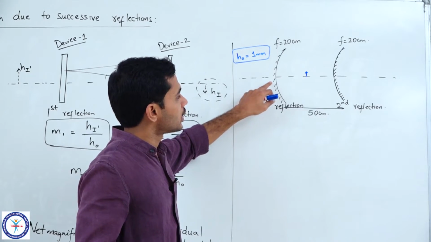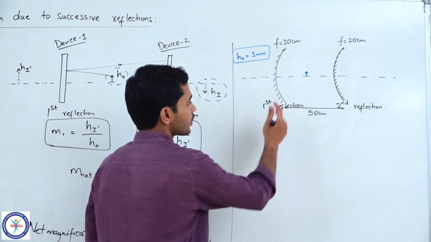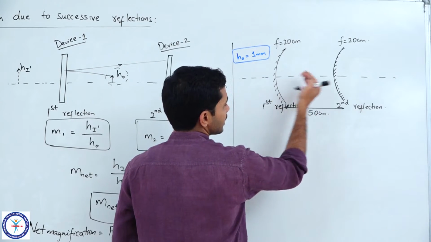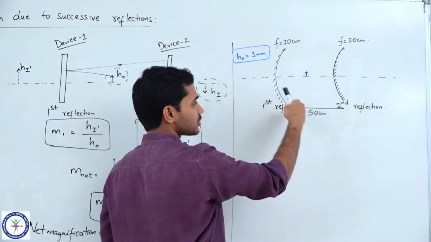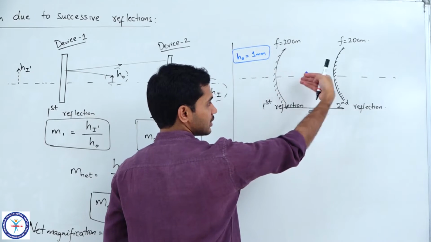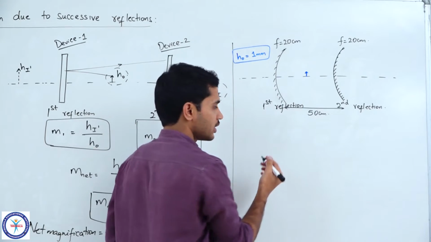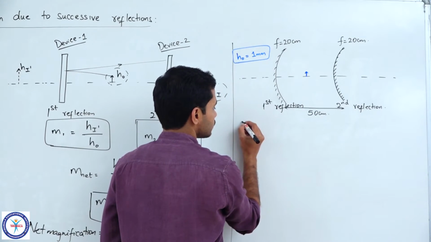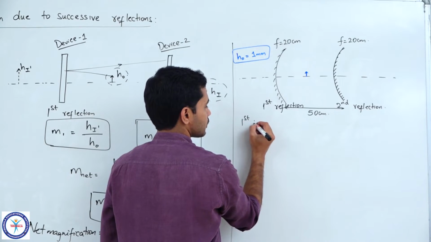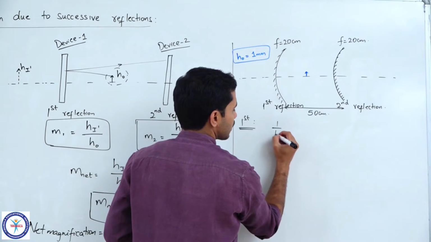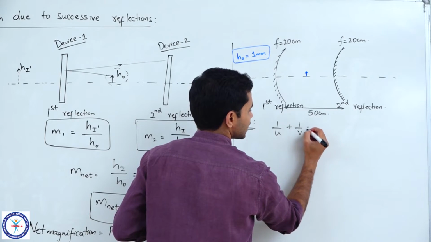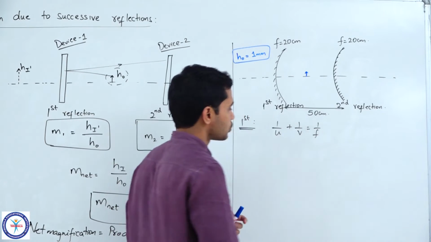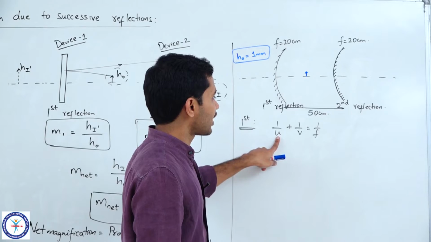Okay. So, let us now draw the ray diagram, or let us write the expression for finding out the image formed in the first mirror. We can see here the light rays are travelling in this manner. As far as this mirror is concerned, this direction is positive. So, for the first reflection, if I use 1 by u plus 1 by v is equal to 1 by f, and substitute the values, what should be the value of u?